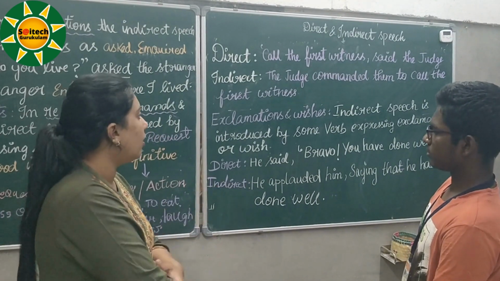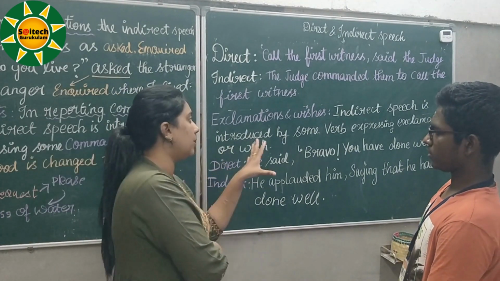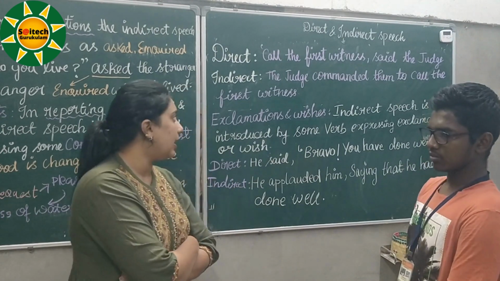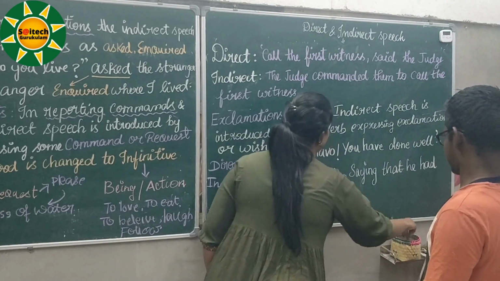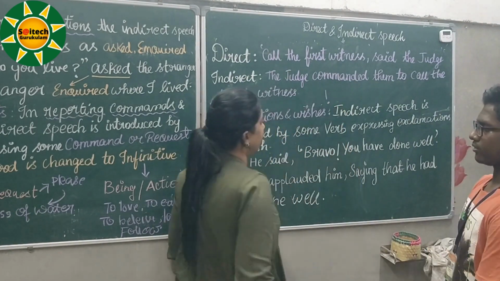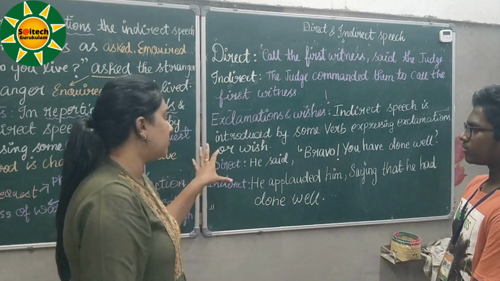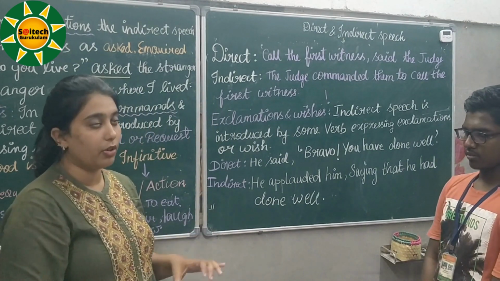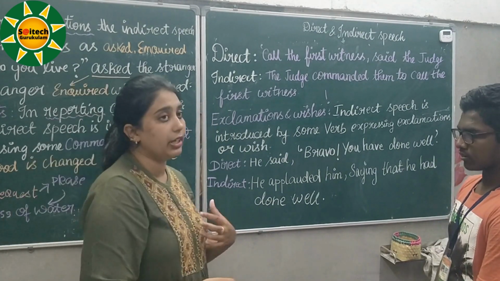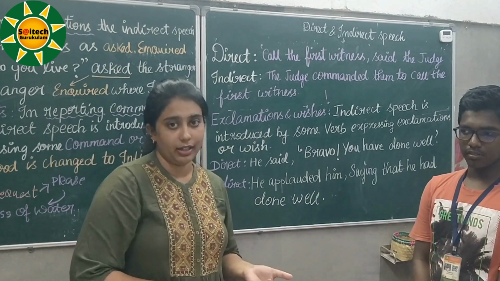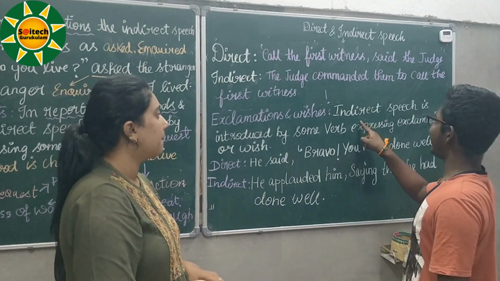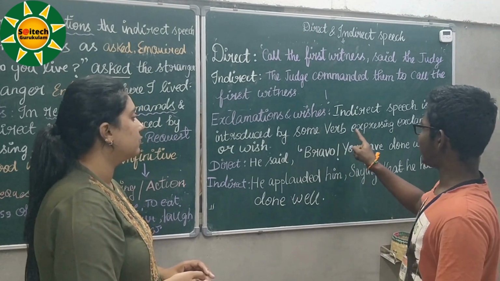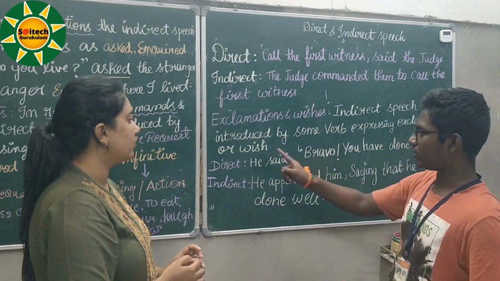So the last one is exclamations and wishes. We know the exclamatory sentence is denoted by a symbol, the exclamation mark. Exclamation is all about the emotions we express while talking to someone. Indirect speech is introduced by some verb expressing exclamation or a wish.